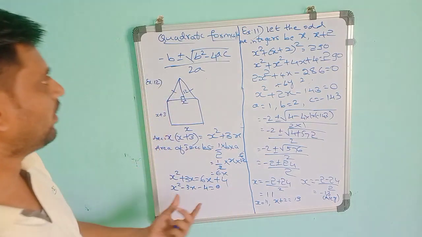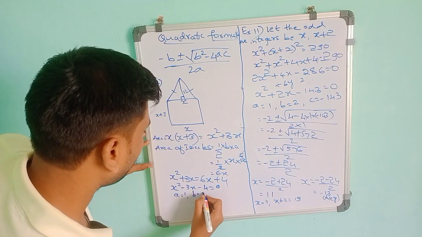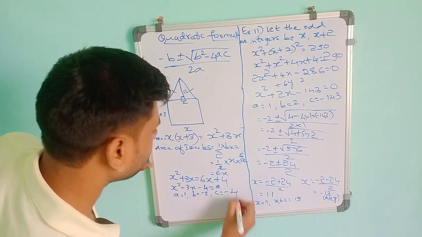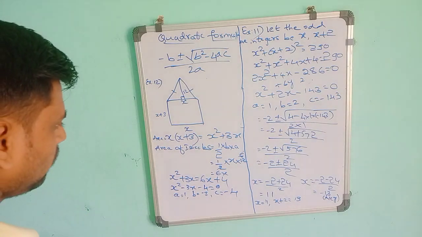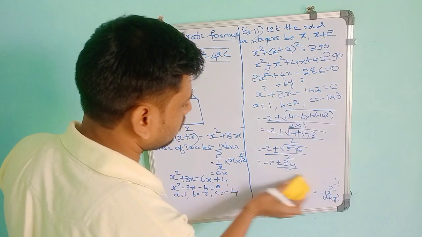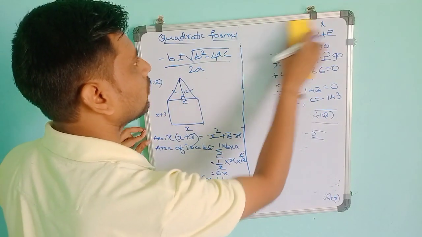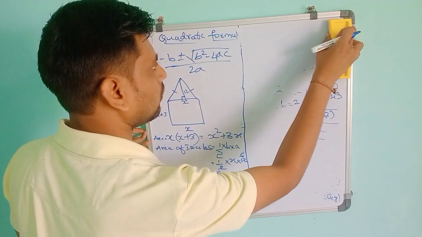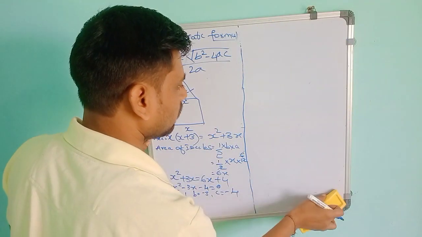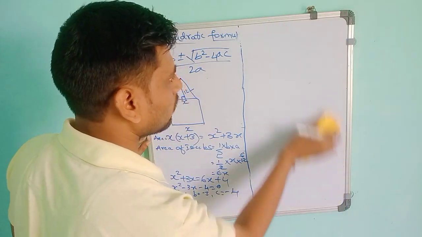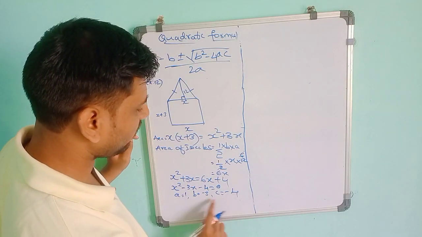Then you can directly put the formula. Here a is equal to 1, b is equal to minus 3, c is equal to minus 4.